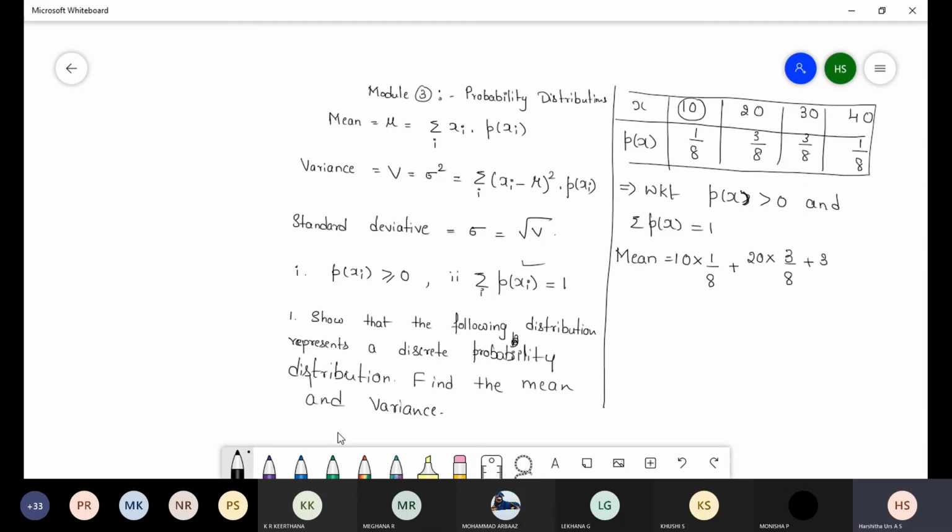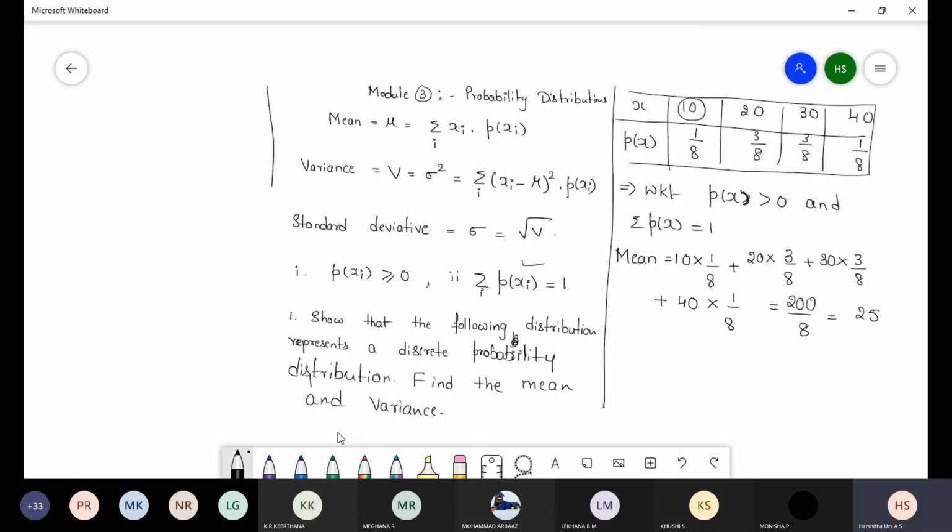Third value is 30 and p of x value is 3 by 8. Plus fourth value 40 into p of x value 1 by 8. That means 10 plus 60 plus 90 plus 40. So we get 200 divided by 8, which is 25.